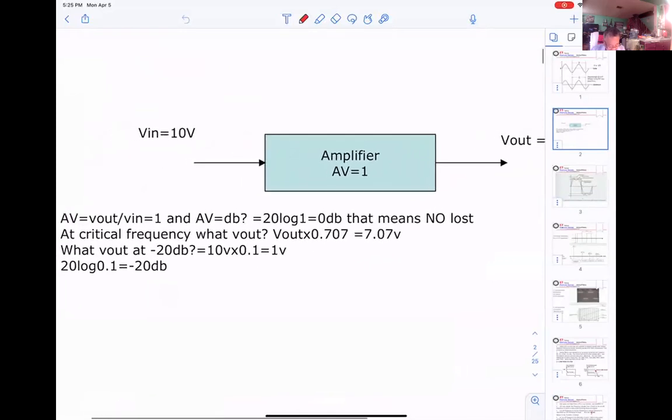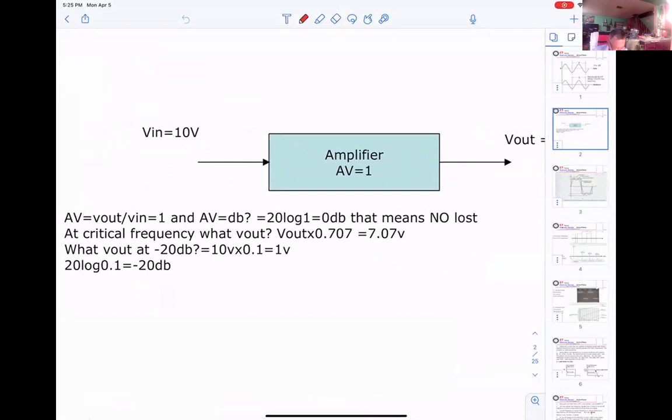If you take the voltage gain equal to VL divided by Vin equal to 1, and you want to calculate it in decibels, you take 20 log of 1, you get 0 dB. What does 0 dB mean? 0 dB means no loss. You get 10 volts coming out, and 10 volts coming in.